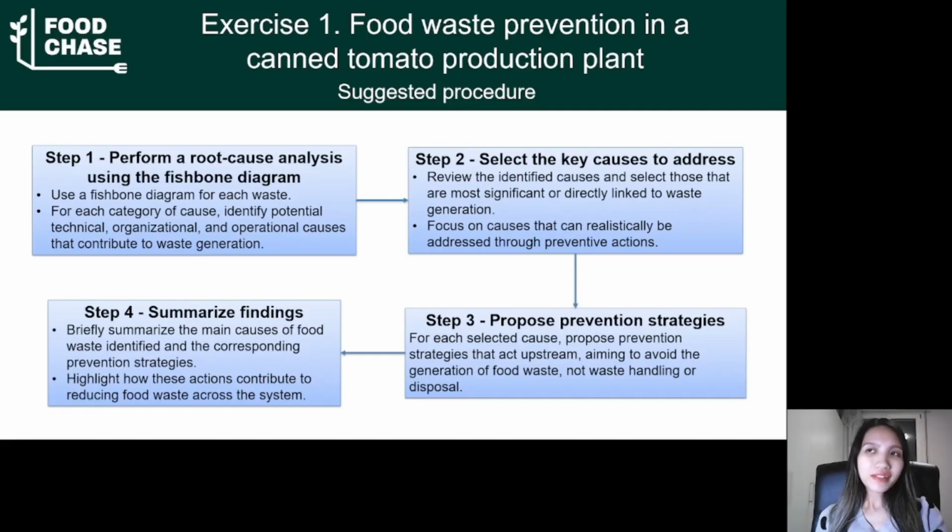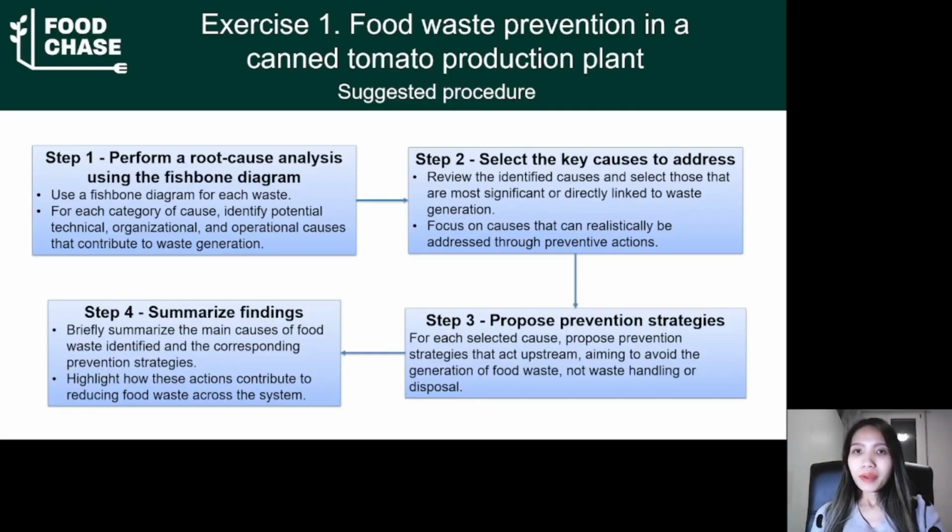So here in the exercise, we have four types of waste. For this reason, you need four fishbone diagrams, each diagram for a type of waste. For each category of cause, identify potential technical, organizational, or operational causes that contribute to waste generation.